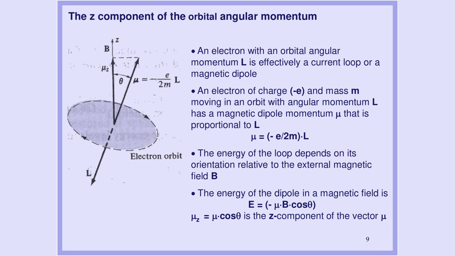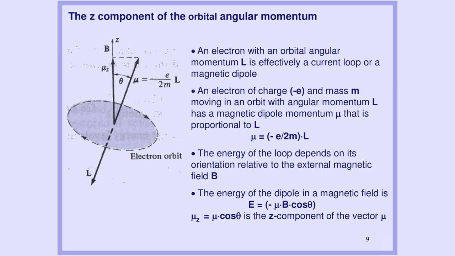This relation you can see given by the formula. The energy of the loop depends on its orientation relative to the external magnetic field. The energy of the dipole in a magnetic field may be calculated by the formula shown.